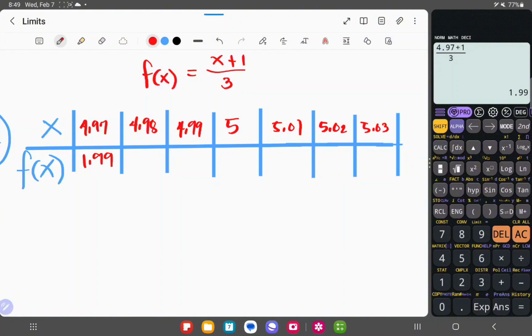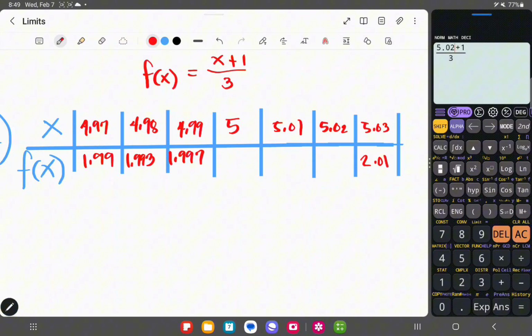And then we have 4.98, which is 1.993. And then our 4.99 is 1.997. Now in our right direction, we have 5.03. That is going to be 2.01.